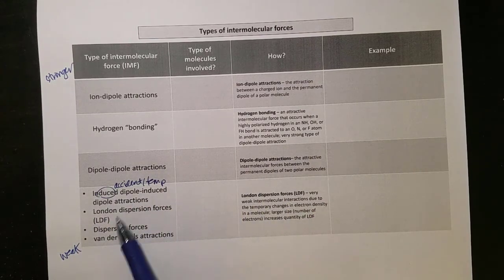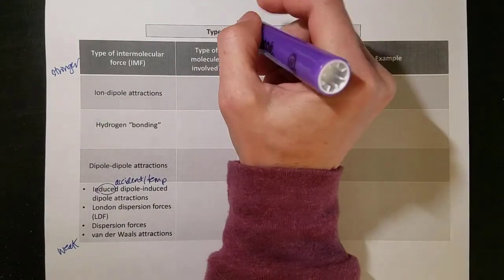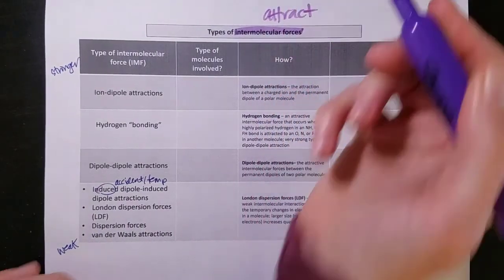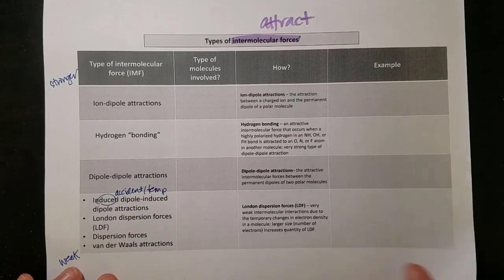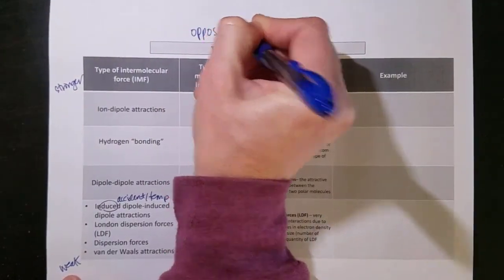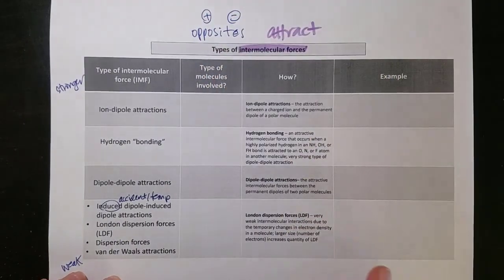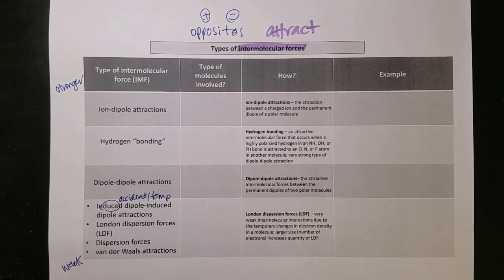For dispersion forces, we're thinking about all of these intermolecular forces as attractions, right? If you can remember back, one of our key principles for this class is that opposites attract. And so we're going to see that positives and negatives end up attracting each other in these intermolecular forces. With these induced dipoles, these are just accidental collisions.